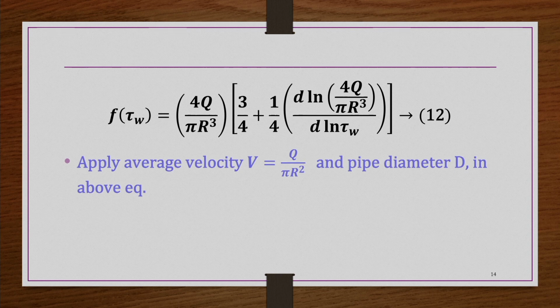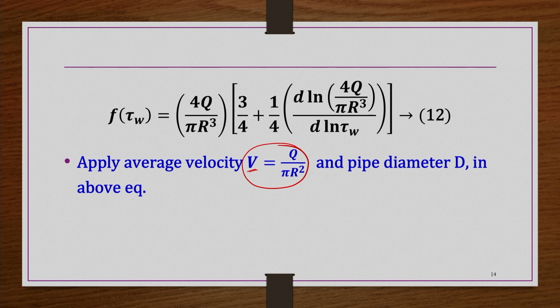So now what you understand here, if you apply in terms of average velocity, whatever the q in the above equation, if you replace it by average velocity terms, then q by pi R square is nothing but the average velocity of the fluid that is flowing through the capillary for a given delta p.